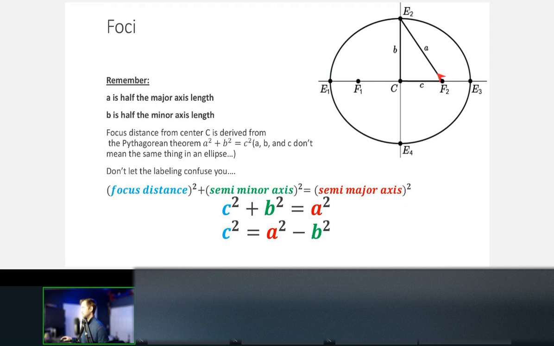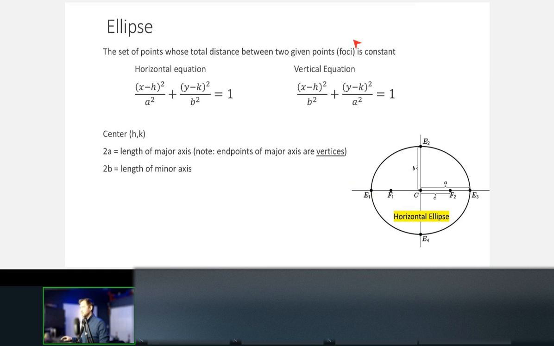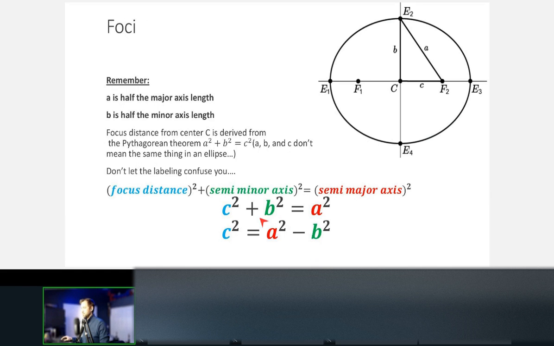Because remember, the A value is not only the distance from the center to a major vertex, that distance is the same distance from a focus point to a minor vertex. So technically, I could rewrite this equation and have C in here by just being creative with this formula. I could replace A squared with this entire piece.